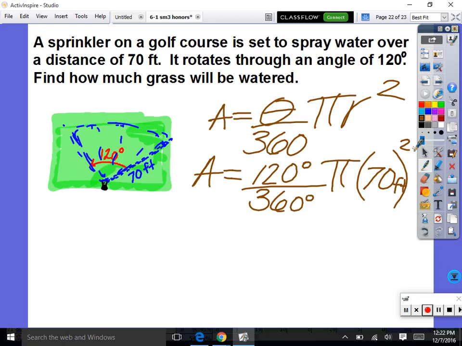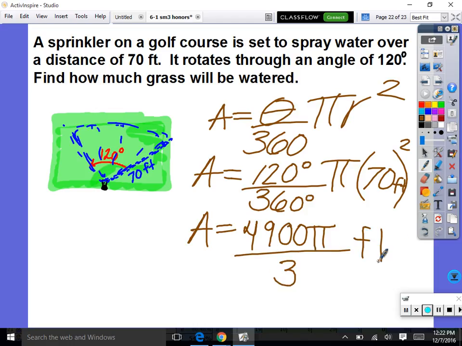And the answer would be, the math answer, a mathematician would like the answer 4,900 pi over 3 feet squared, square feet. But an engineer wouldn't like that answer.